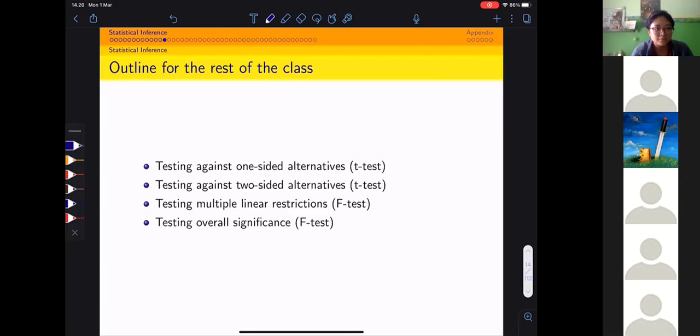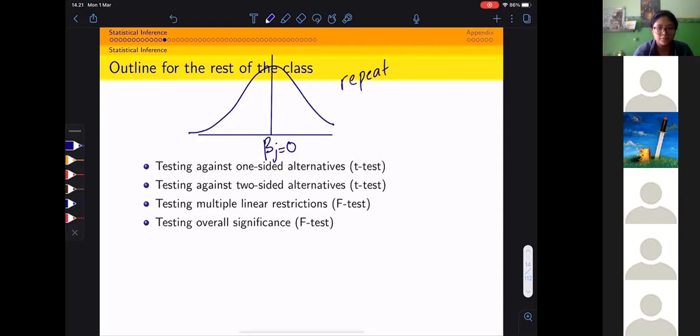Right. So suppose that this is the distribution, and this is the true value, and suppose that we assume the true value is 0. The distribution, called the sampling distribution, is what happens if we do repeated sampling.